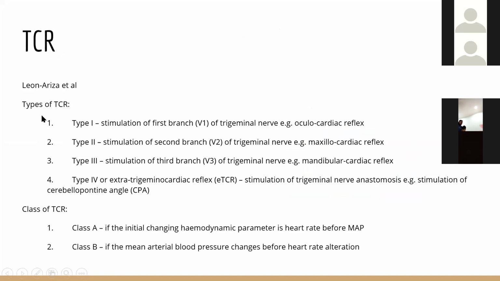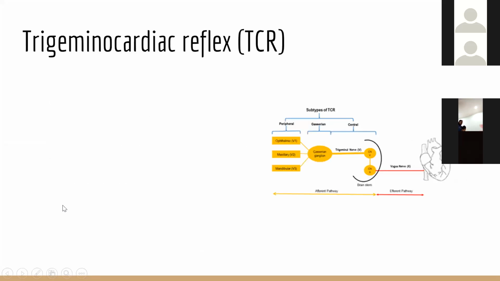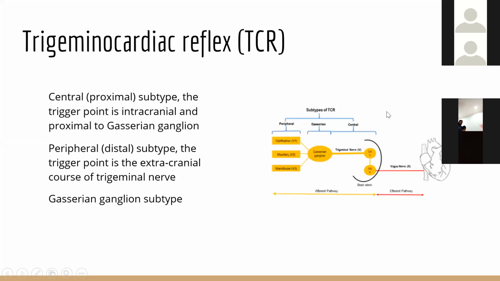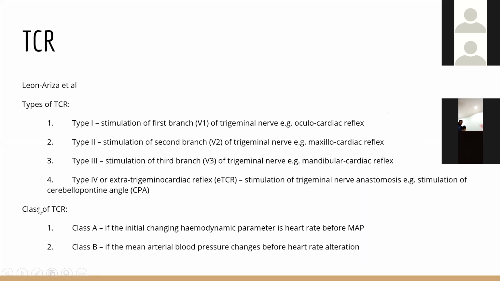Type again depends on the stimulating branch: ophthalmic, maxillary, and mandibular, called the oculocardiac, maxillocardiac, or mandibulocardiac reflex. Class depends on the most important components, acute onset of bradycardia and hypotension. If the initial change is bradycardia or heart rate, then it is a class A TCR. And if the mean arterial pressure changes before heart rate, before bradycardia, then it is a class B TCR.